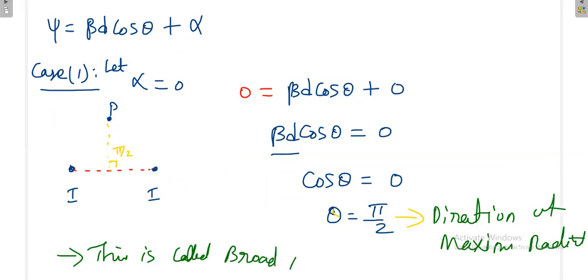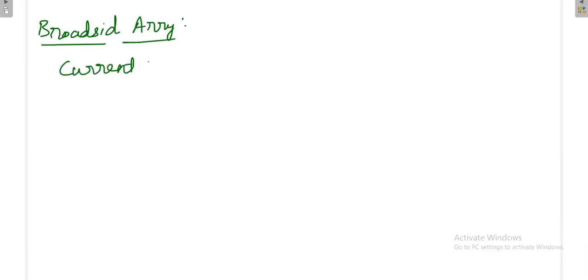Broadside array means what, sir? The direction of maximum radiation will be perpendicular to the array axis. Okay, array axis. So now I will simply conclude: what is broadside array? Broadside array, in a 2-element antenna array, current is same and no phase difference.